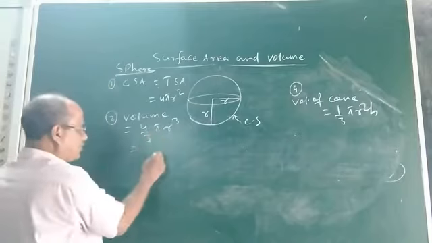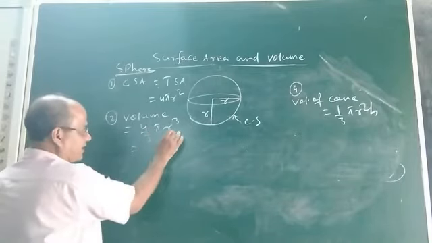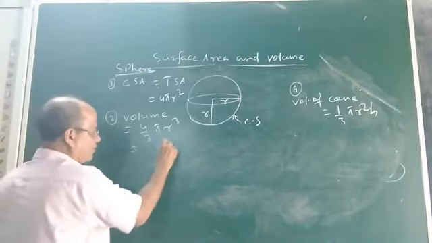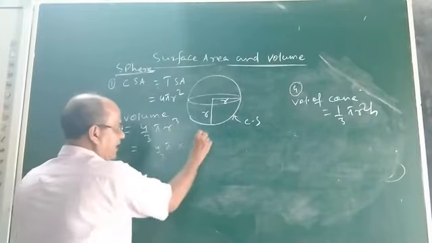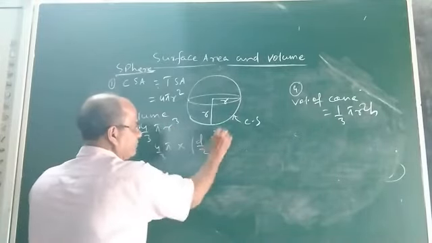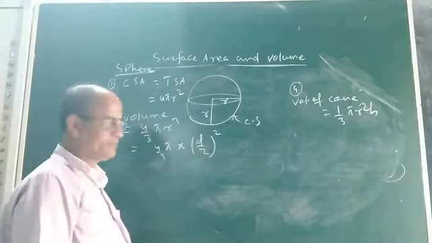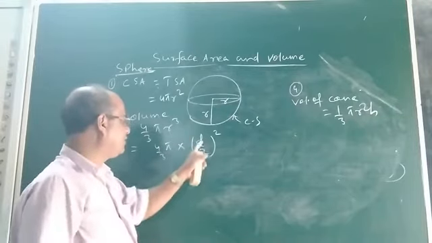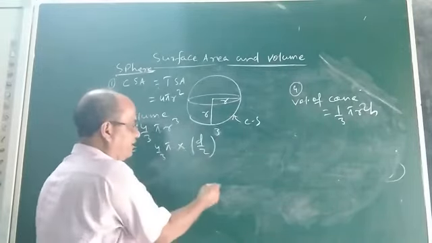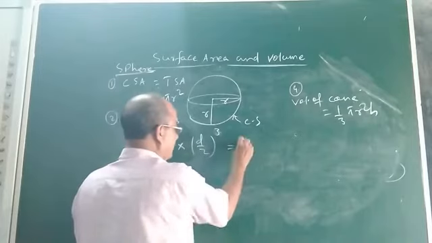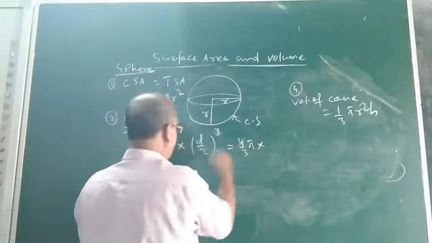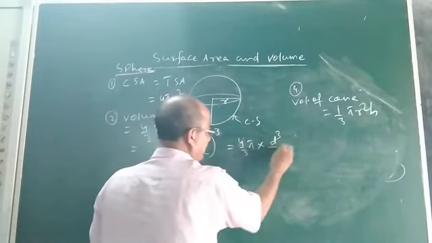It can also be written differently. In place of r, we can use half the diameter of the sphere. So in place of r cube, you write d by 2 whole cube. Now simplify it. It will be 4 by 3 pi into d cube by 8.